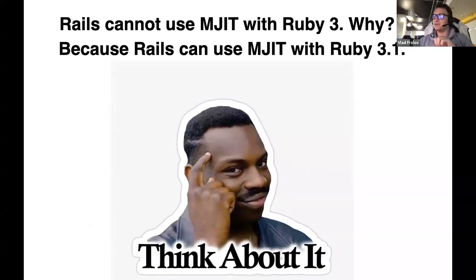Rails cannot use MJIT with Ruby 3 or YJIT with Ruby 3. Why? Because Rails can use YJIT with Ruby 3.1. And it was the main focus of Ruby 3.1 to improve this feature, to allow real business applications to use JIT in reality.